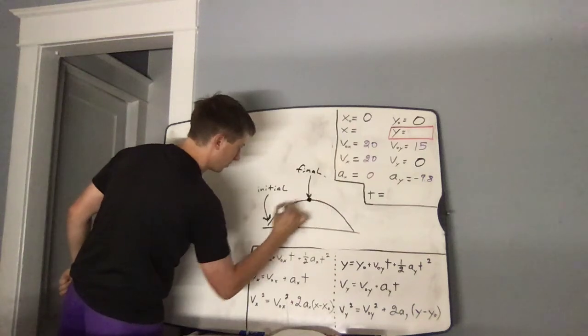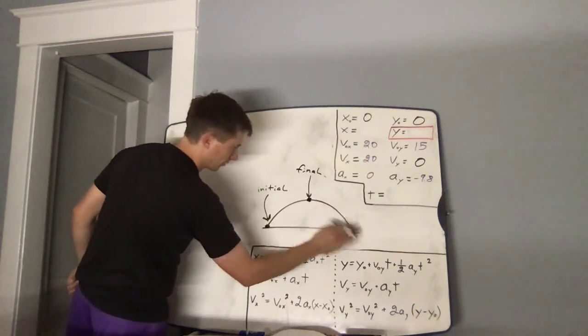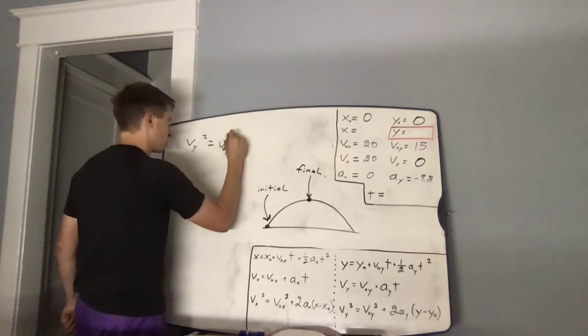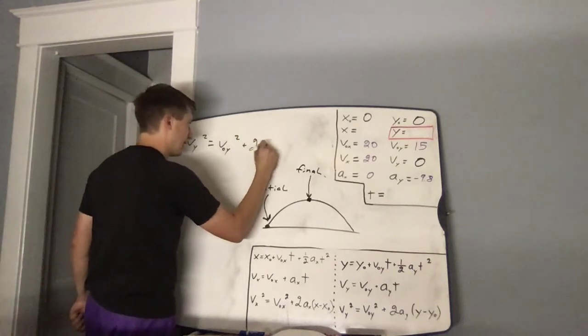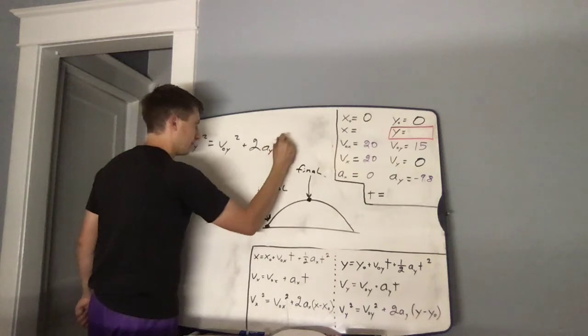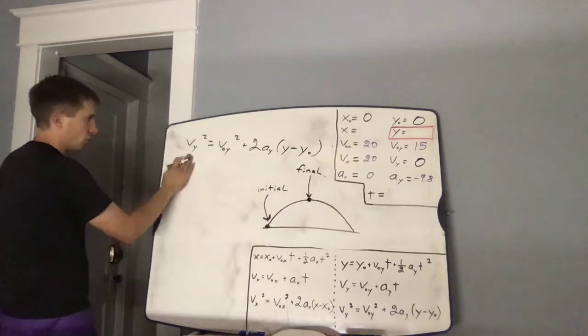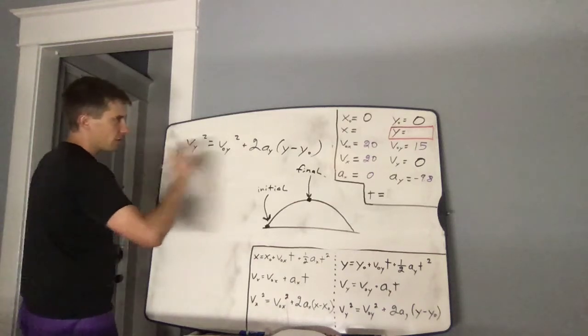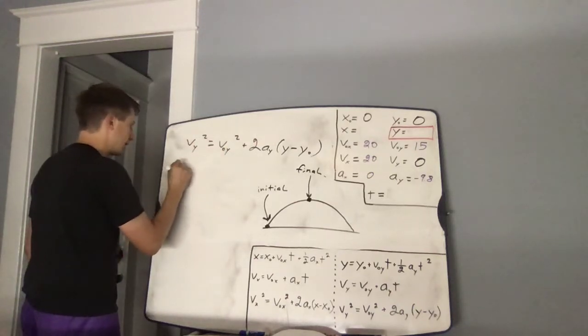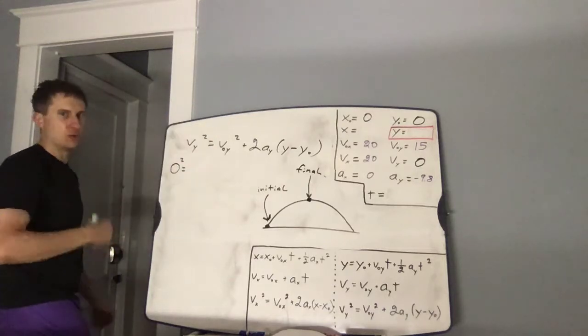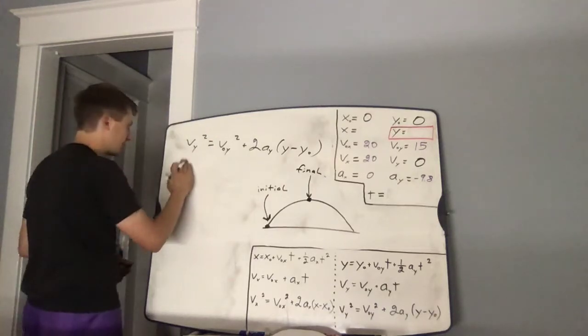For part B of this problem, we don't really care about this part anymore. Vy squared final equals v initial y squared plus 2a(y final minus y initial). So Vy squared final is 0, equal to, I'm just squaring it now, and again I'll solve the math in the next step.